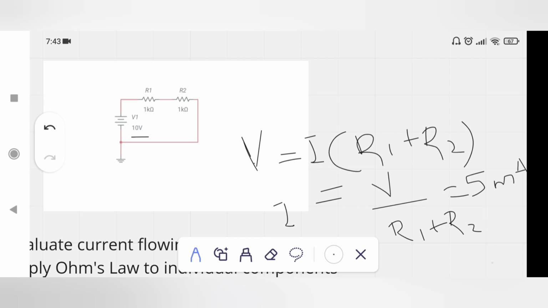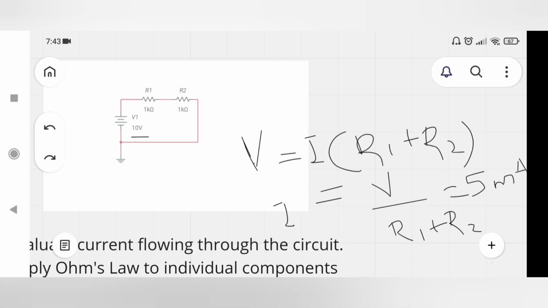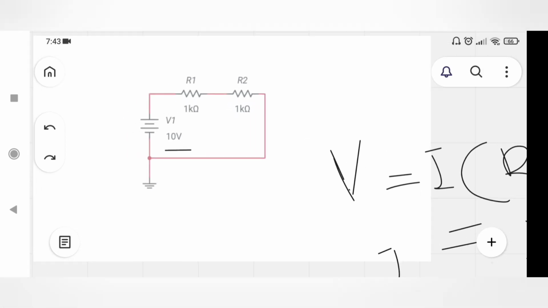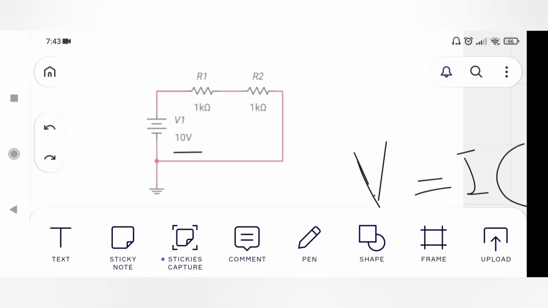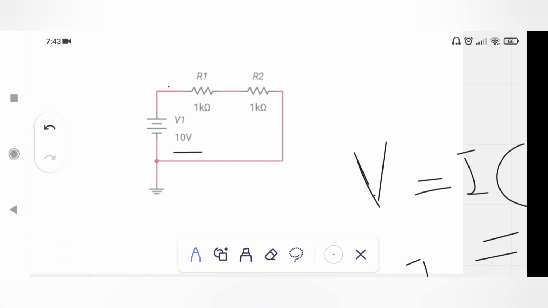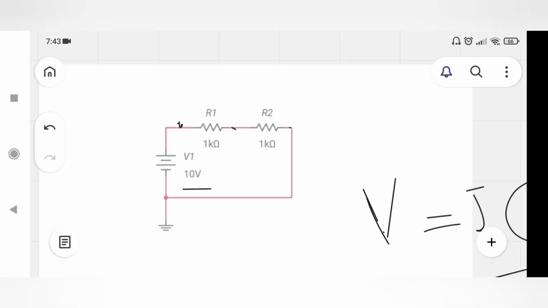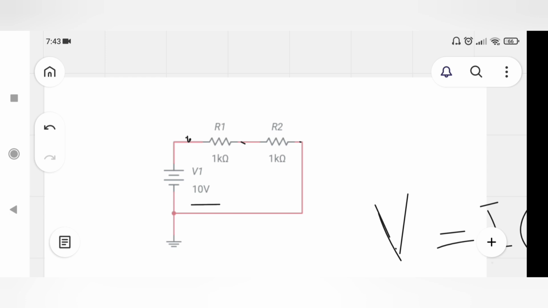Now for the voltage across R1 and R2, apply Ohm's law to individual resistors. As you know, potential difference or voltage is measured between 2 points. So to measure the voltage across R1, we measure the voltage between these 2 points.